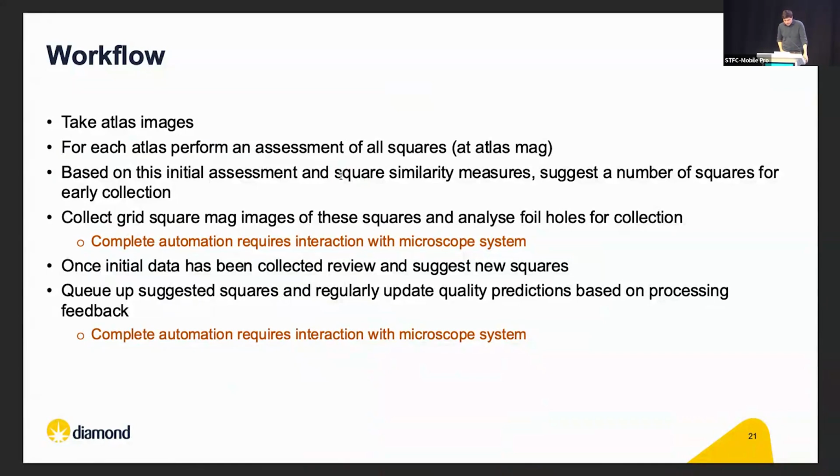But then once you have the Atlas mag images, you would need to load whatever grid you want to collect on. You'd then need to tell it to collect those grid square mag images and have it just do it. Then you can assess those. You can queue various things up, and then for the feedback, you're obviously going to need something that tells the microscope without user intervention what it's going to acquire next.